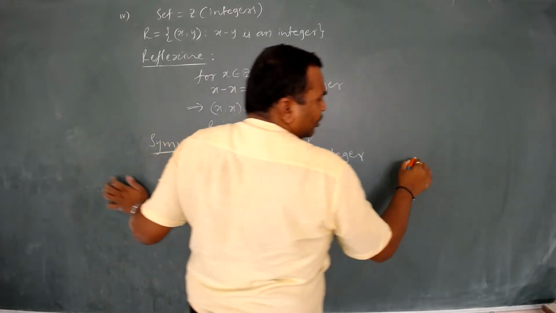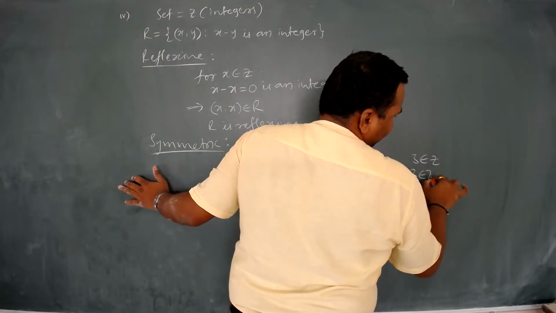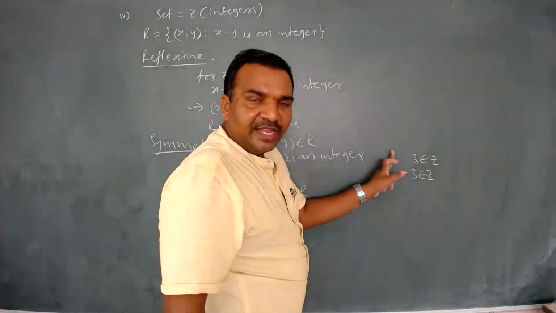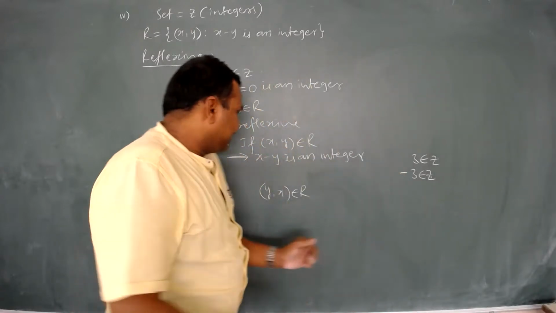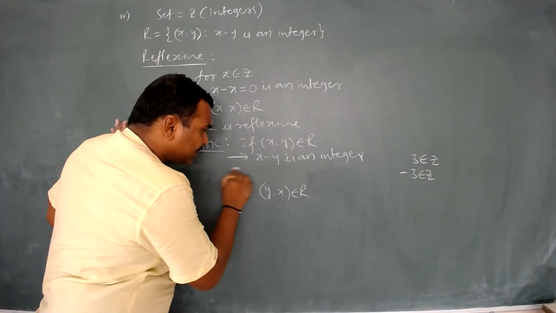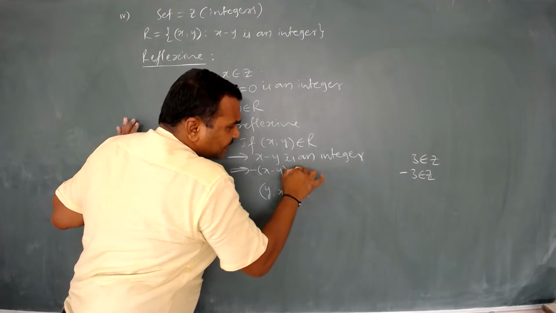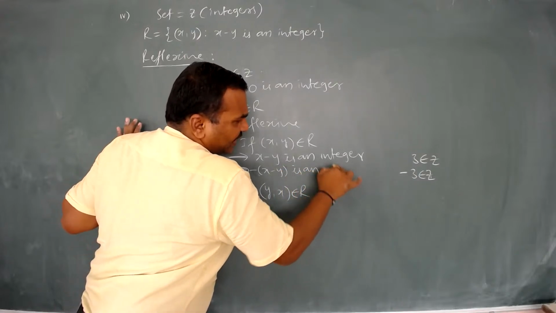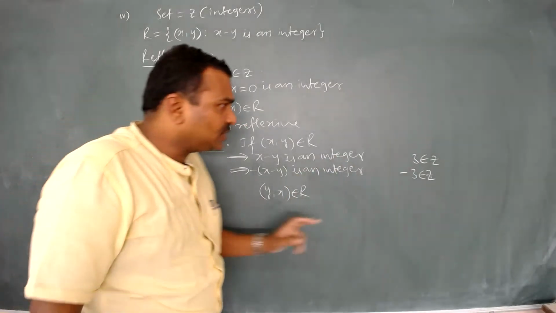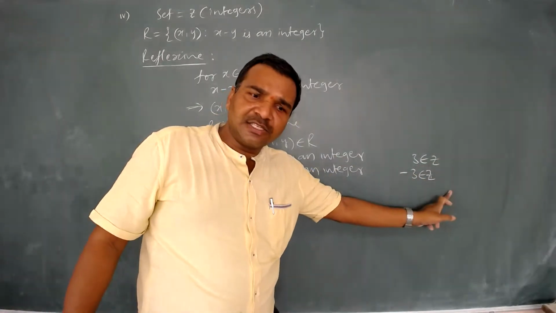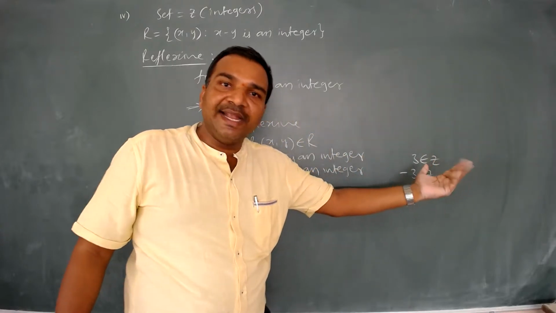Can we agree? If 3 is an integer, then minus 3 is also an integer. If any integer is multiplied by a negative sign, it is still an integer. See here, x minus y is an integer, so minus of x minus y is also an integer.